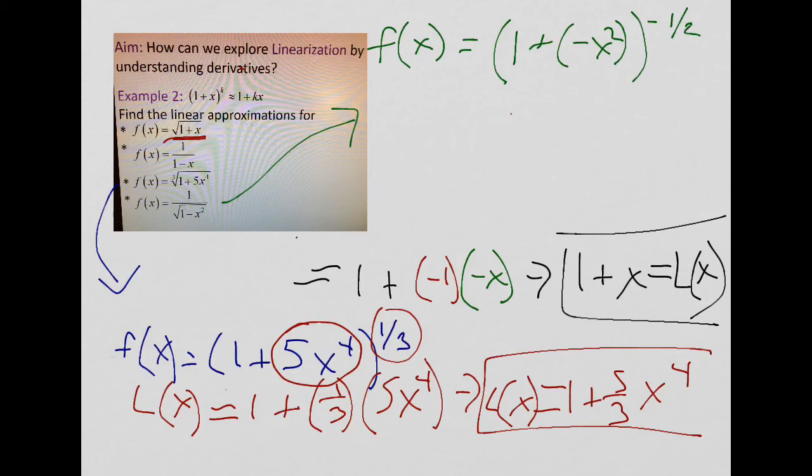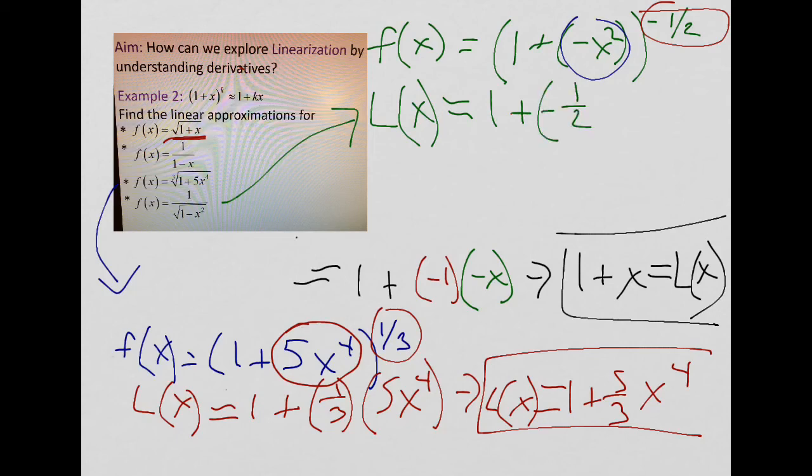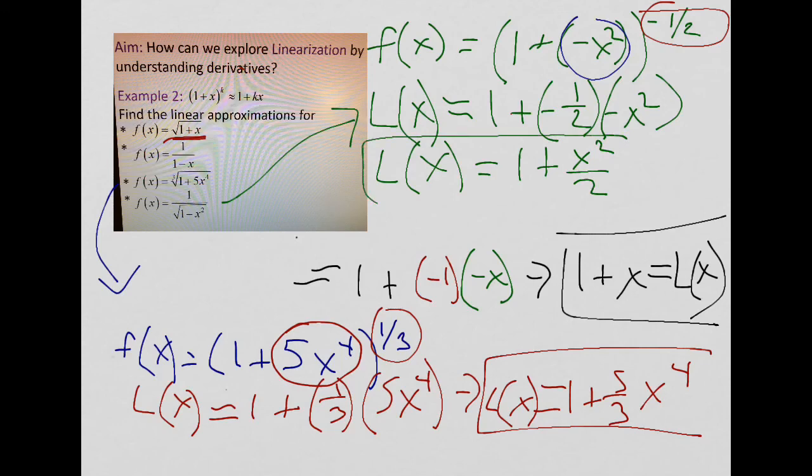Okay, so let me try to highlight here. The linearization would be 1 plus the negative 1/2 times the negative x squared, so that becomes 1 plus x squared over 2, and we're done.